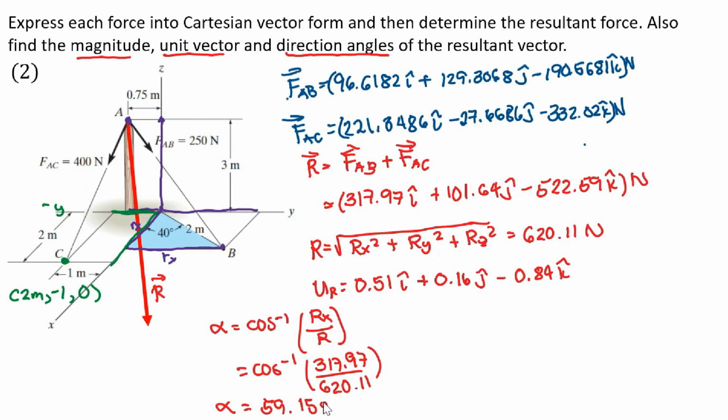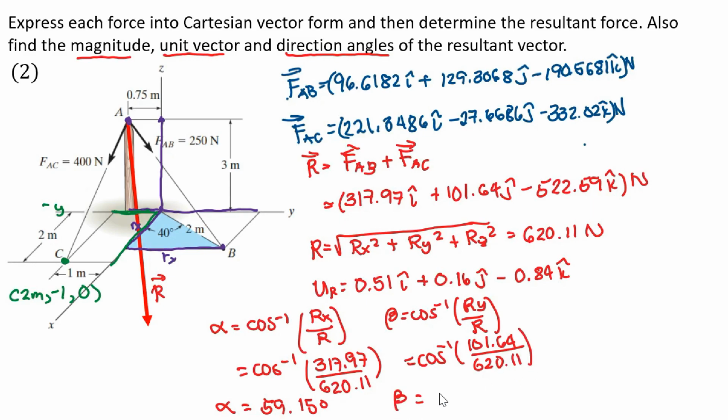So alpha is equal to 59.15 degrees. While for beta, that is arccosine of Ry over the magnitude of R. So that is arccosine of 101.64 divided by 620.11. Beta now is equal to 80.57 degrees.